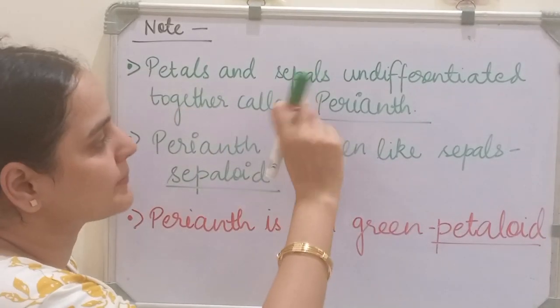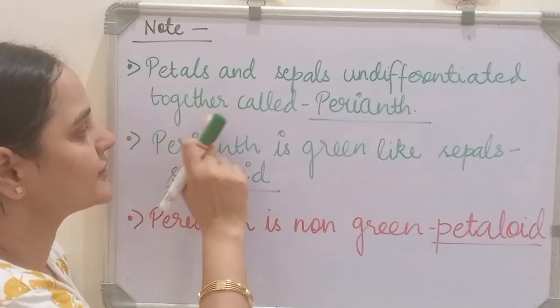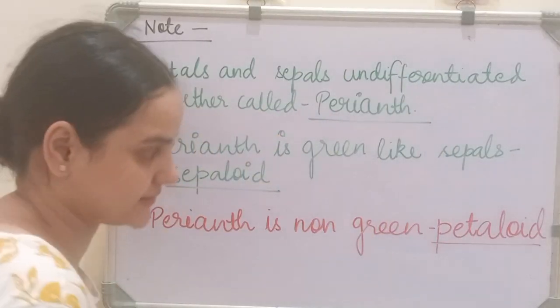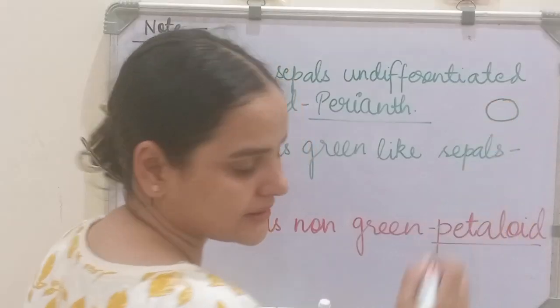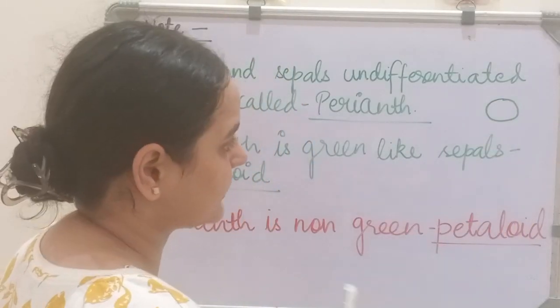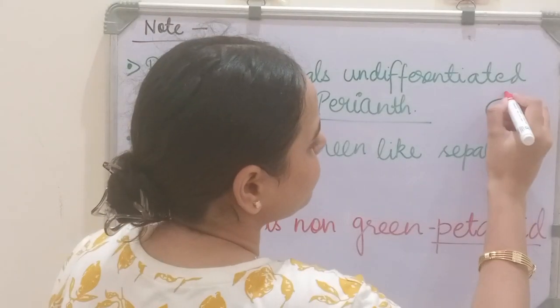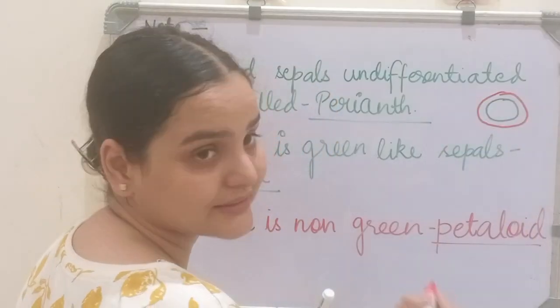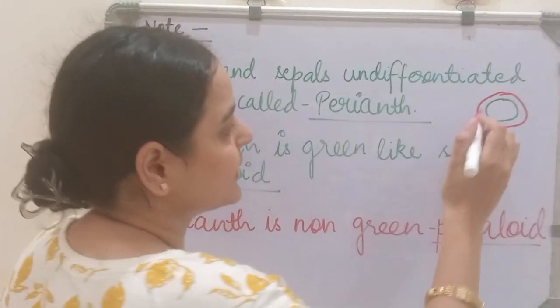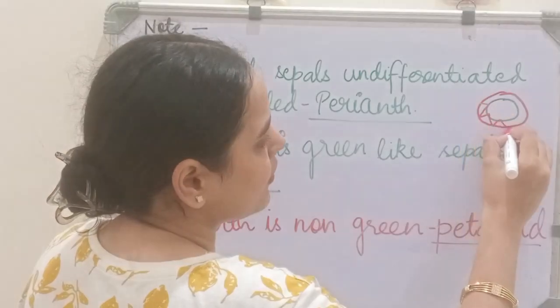Petals and sepals undifferentiated together are called perianth. See this. This is the wall of a sepal, okay, and this is the wall of a petal. Now, what happens? They are undifferentiated, means they are all mixed.